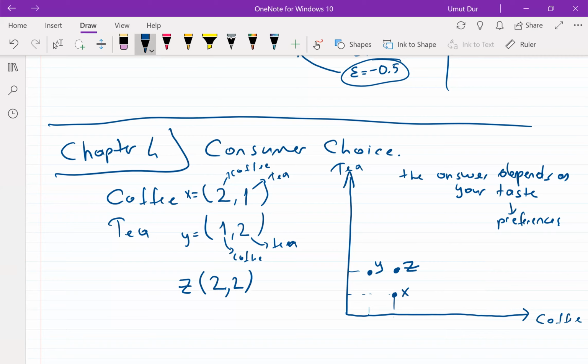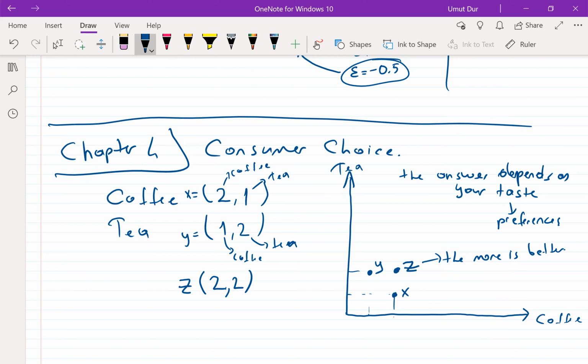Would you prefer Z to X? Yes, sir. Yes, so the more is better. Definitely, the more is better. By the way, you don't have to say sir. So the more is always better.